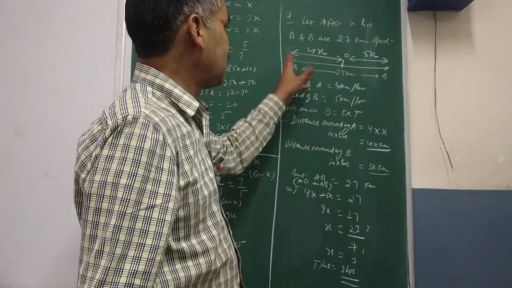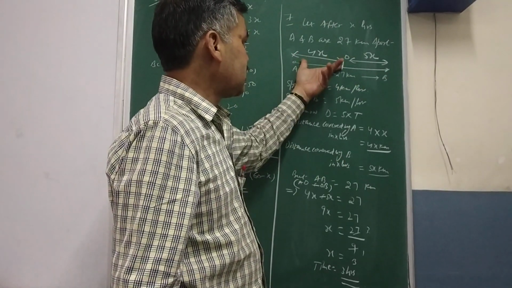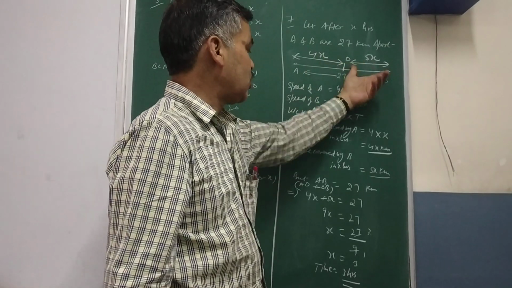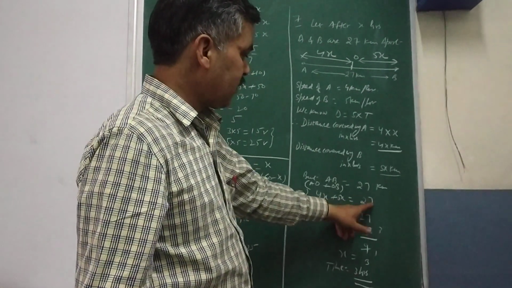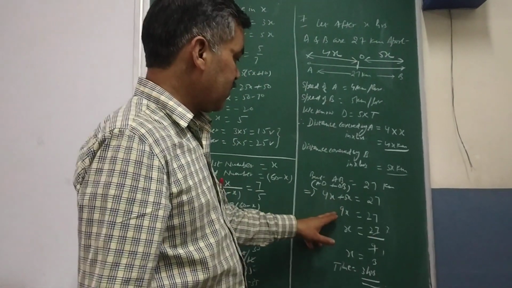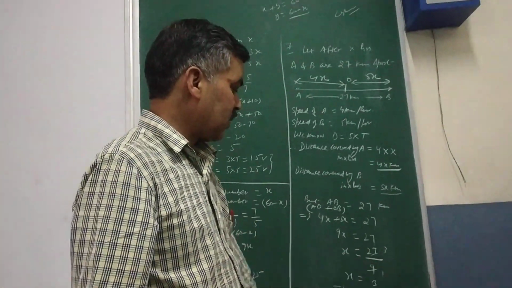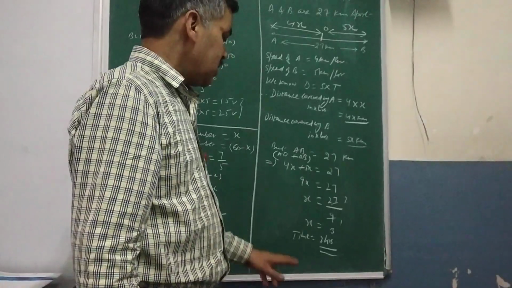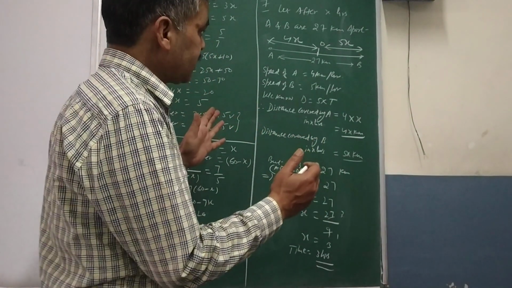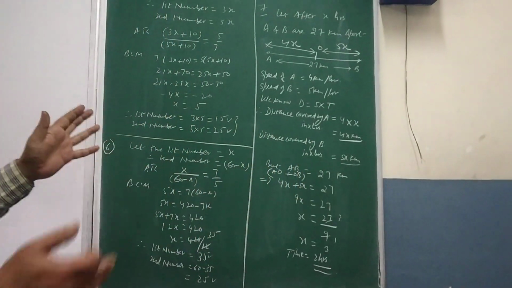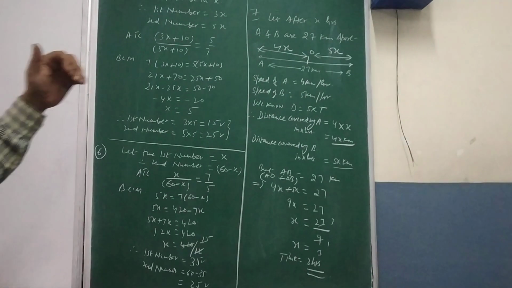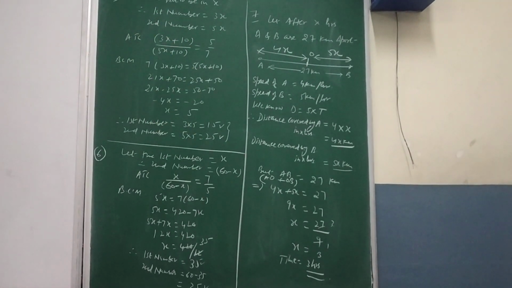AB is 27, but this can be divided in two parts, AO and OB. So 4x plus 5x is equal to 27, and then you will get 9x is equal to 27 and x is equal to 27 upon 9, that is equal to 3. So 3 hours is the answer. After 3 hours both will be 27 km apart from each other.